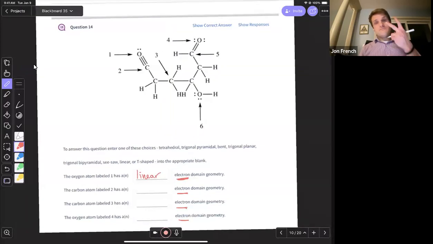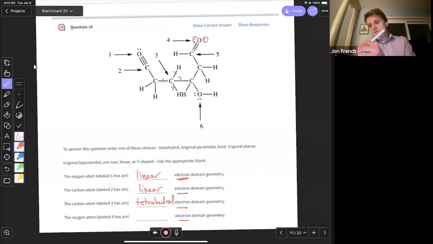Carbon 2, 2 electron domains, we're linear again. Carbon 3 has got 1 domain, 2 domains, 3 domains, 4 domains. So that would make it tetrahedral. Oxygen 4 has 3 domains.